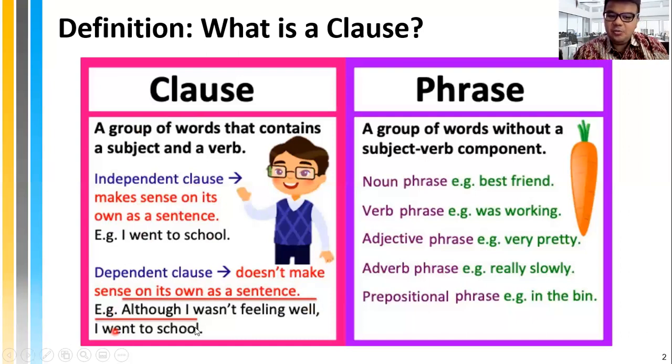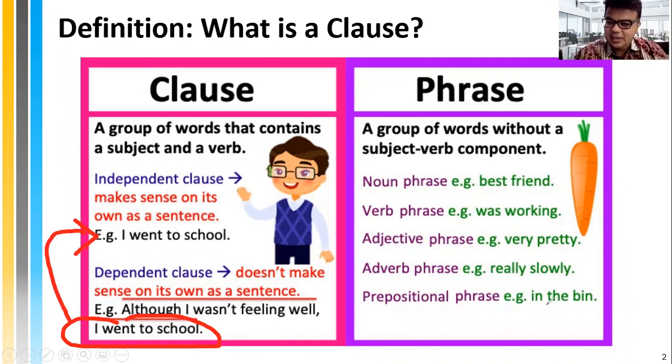Does it make sense? Although I wasn't feeling well, so what? Although I wasn't feeling well, I went to school. That one makes sense because that is the independent clause. You get it? All right, next.